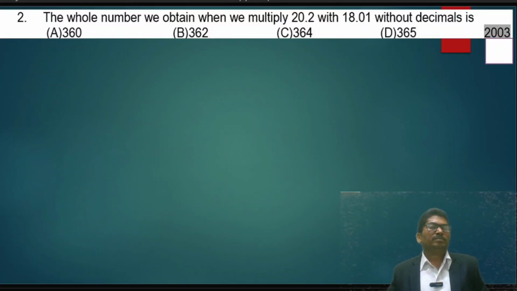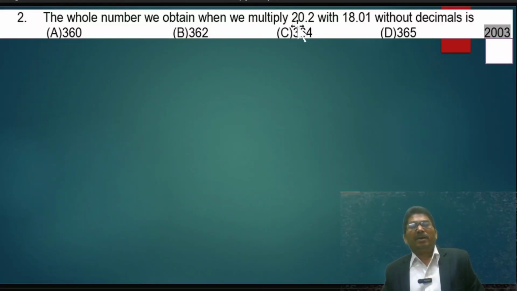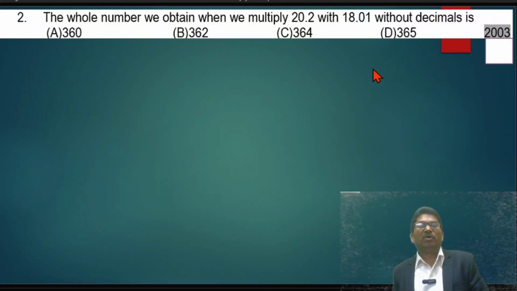Next question. The whole number we obtained when we multiply 20.2 with 18.01 without decimal is, means we have to round up to the whole number.